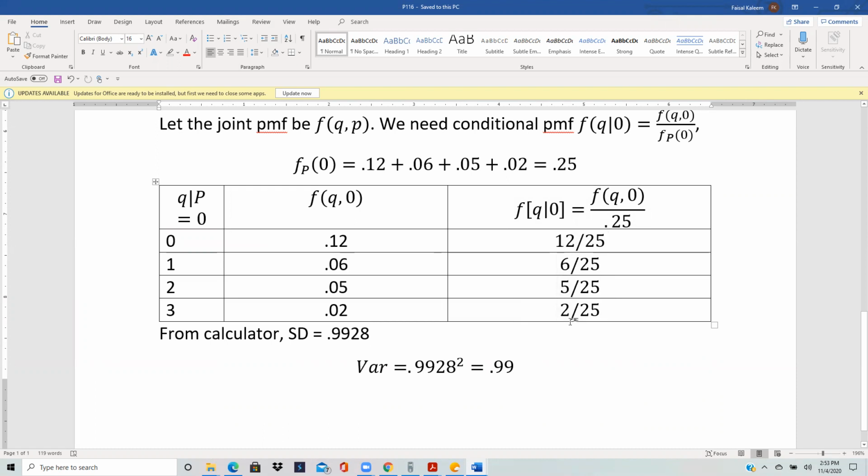If you multiply the whole column by the same number, it will not affect the variance or the standard deviation, because these are just weights. So it's very convenient to multiply all these by 25 so that I get 12, 6, 5, and 2.